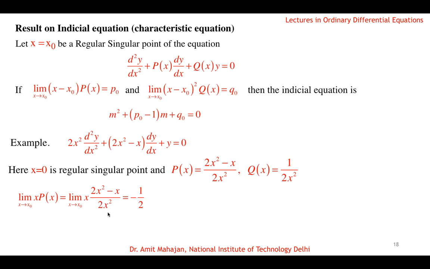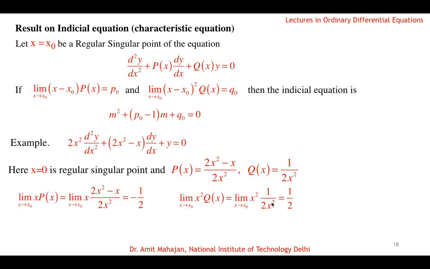This 2x square will cancel out, so it is x minus 1 by 2, so it is minus half. And limit x tends to 0 of x square q is, when you put x tends to 0, x square into 1 by 2x square, so it is half.